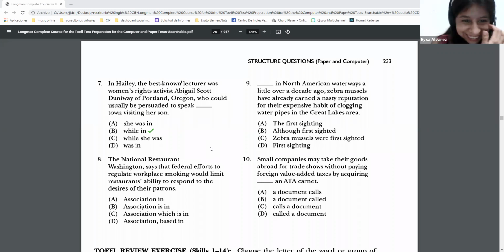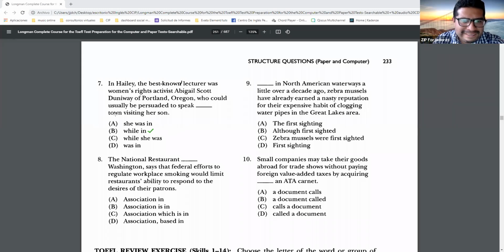That one was a little bit difficult for me. Okay, tell me the subjects and verbs. Best known lecturer. I don't know how to pronounce that word. Lecturer, I think.